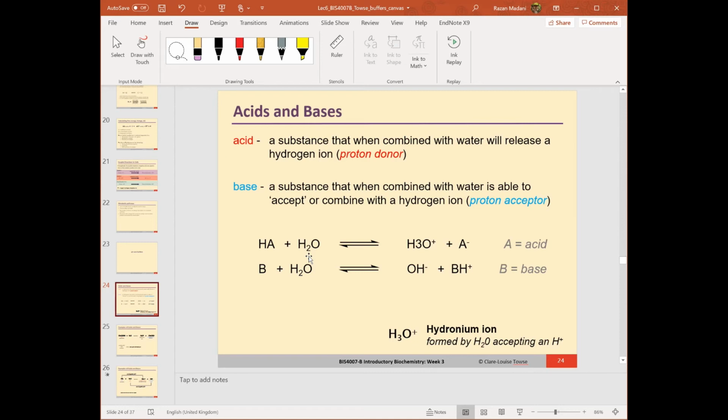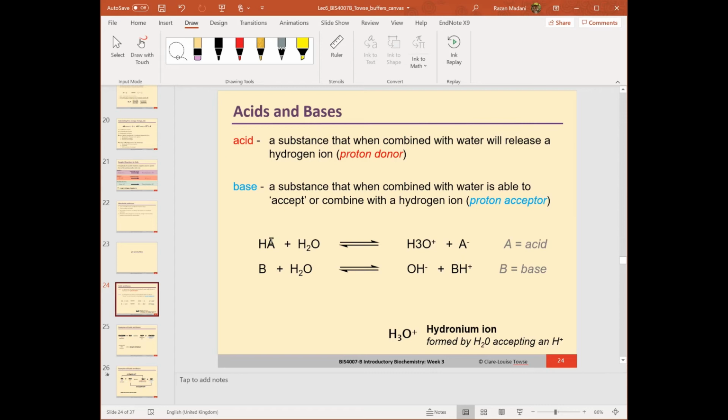An easy way to suss this out is to see which one is becoming a negative. The one that becomes negative is always the one that is donating a positive, because when you lose a positive, you become negative. So proton donor means it's donating a proton.